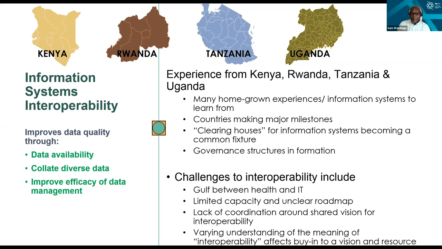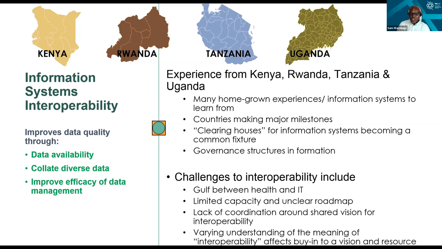For example, countries faced with many health information systems that cropped up in the last 10 years have now developed what we can call clearing houses, where they are able to review which information systems meet minimum requirements to join the national health information systems, and which ones are not up to the mark. And also there is formation of governance structures to look at those resources and to help in progressing the space for health information systems interoperability.